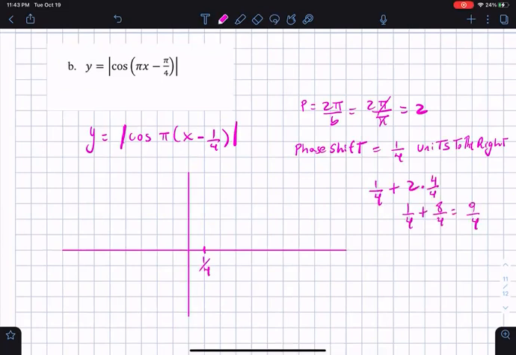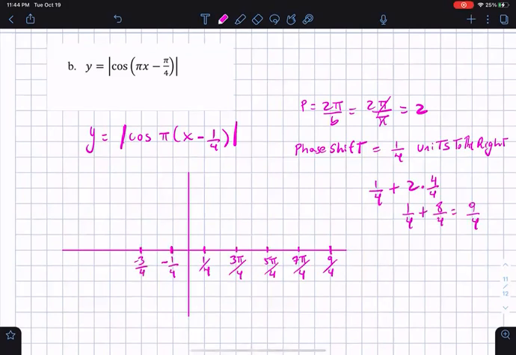So you can do 2, 3, 4, 5, 6, 7, 8, 9/4 is here. Between those two is 5/4, right? And between these two is 3/4, and here is 7/4. That's one period, and you do the same thing here. So this is going to be negative 1 over 4, negative 3 over 4.